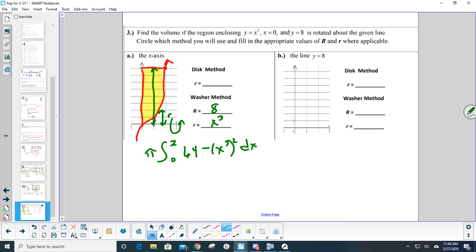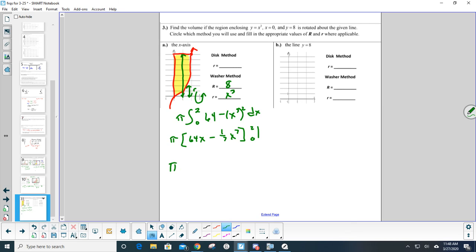So are you good? Anything else? And so I just don't integrate that? Well, once you find the volume. Can we finish that part of this one out? Yeah. So if I integrate this, I've got my pi out front. The 64 is just going to be 64x. This is x to the 6th. So my integration is 1/7 x to the 7th, and I'm going from 0 to 2.